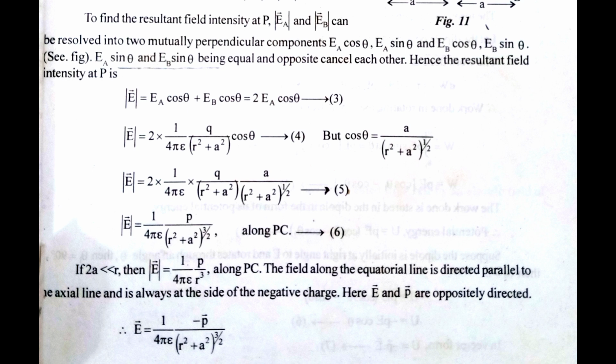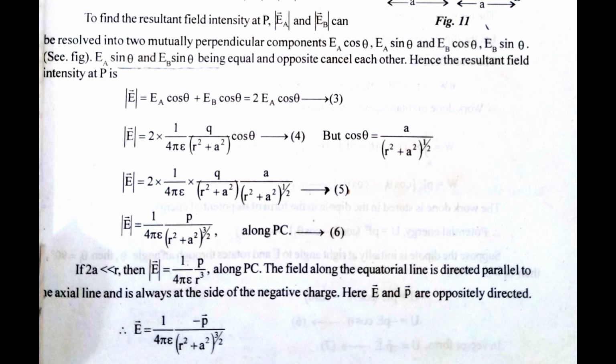So what will come? That is R square plus A square the whole raised to 1 plus 1 by 2, which is R square plus A square whole raised to 3 by 2. So the equation is E is equal to 1 by 4 pi epsilon P by R square plus A square whole raised to 3 by 2. Now the direction will be along PC.